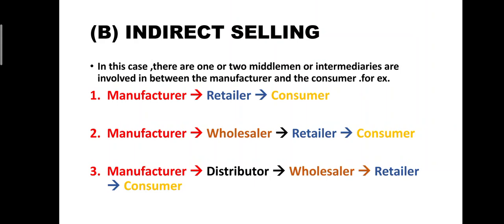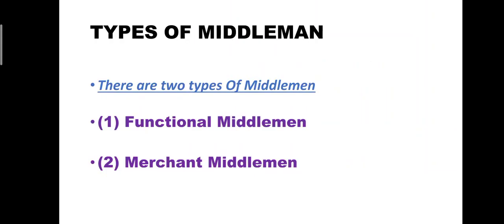Second: manufacturer to wholesaler, wholesaler to retailer, retailer to consumer. There are two middlemen, wholesaler and retailer. Third: manufacturer to distributor, distributor to wholesaler, wholesaler to retailer, and retailer finally to the consumer. These three types come under indirect selling.